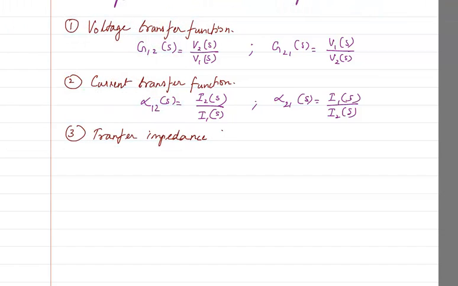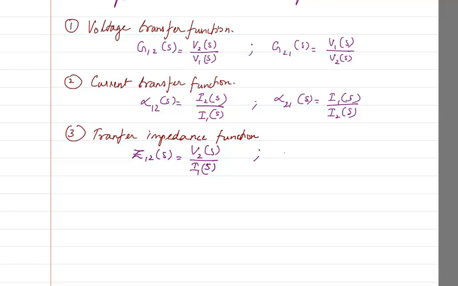Transfer impedance function, which is in terms of Z12 of S, which is V2 of S by I1 of S. So if you are having a current in the first port, what is the voltage at the second port? Based on that, you have the transfer impedance.